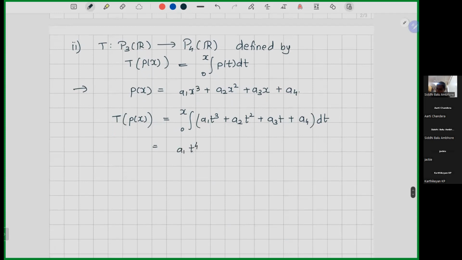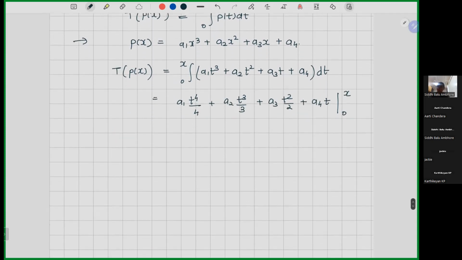A1 t power 4 by 4, A2 t cube by 3 plus A3 t square by 2 plus A4 t. And I need to evaluate this between 0 and x.